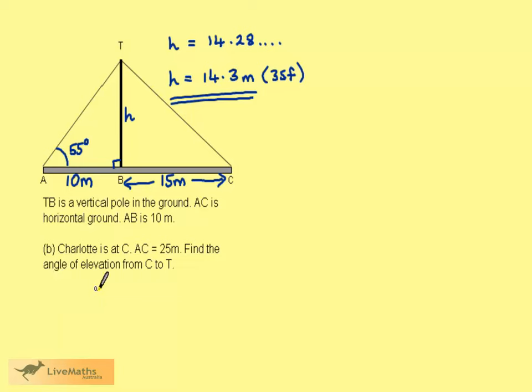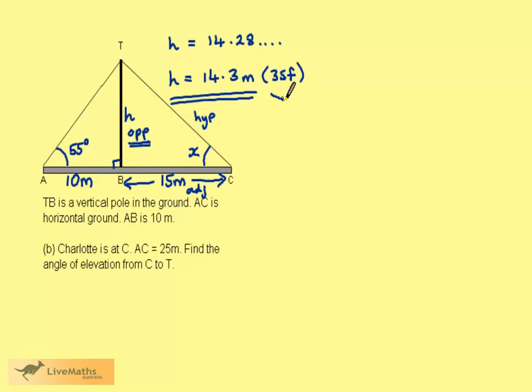We want to find the angle of elevation from C to T, which means we want to find this angle just here. This is the hypotenuse for this right-angled triangle. This would be the opposite to x, and this side the adjacent.